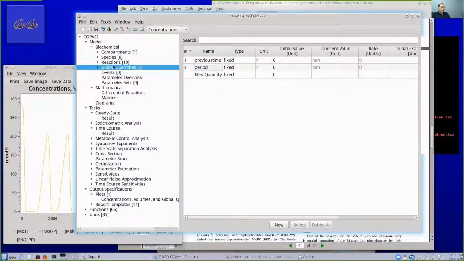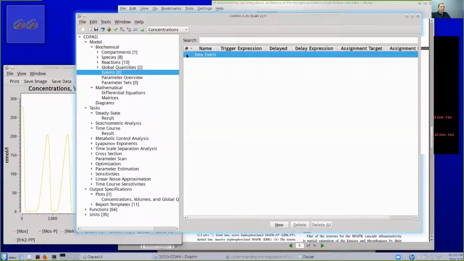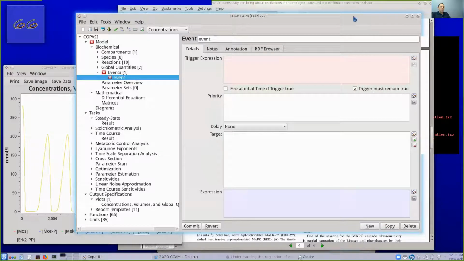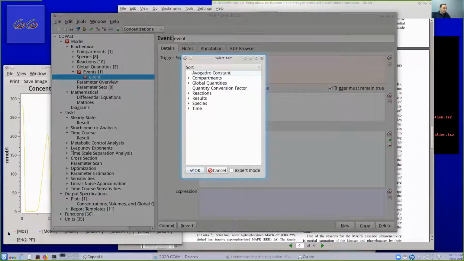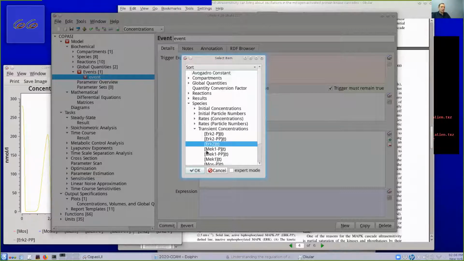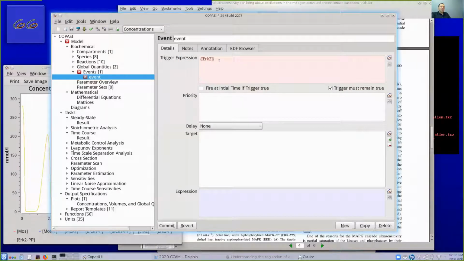Now I create an event. And that event is going to be triggered by the rate of change of ERK, right? So it's a species, and it's the transient concentration, and it's ERK2. But I made a mistake. It's not the species concentration.